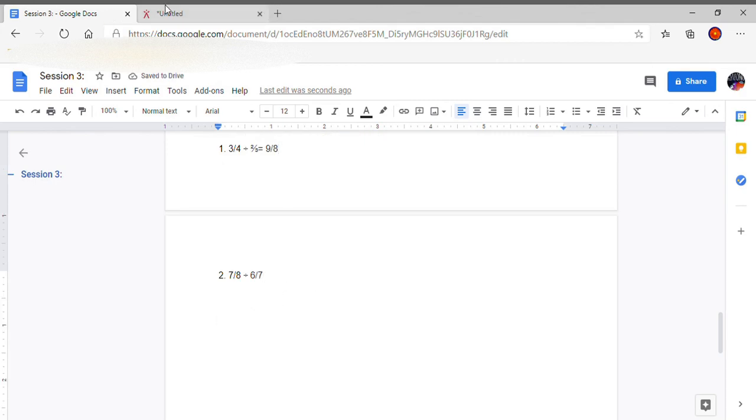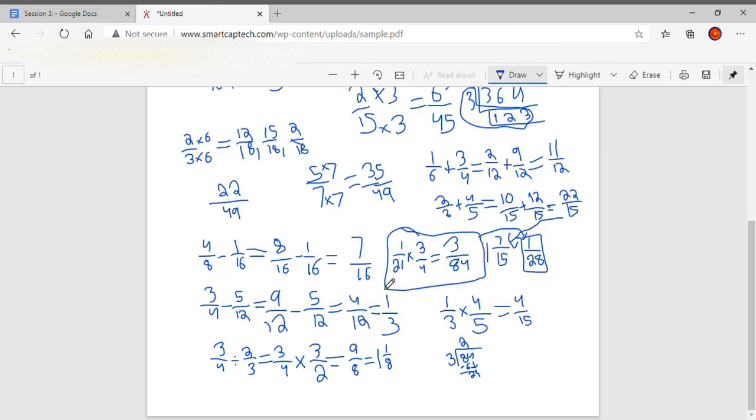So now 7 over 8 divided by 6 over 7. We can follow the same steps. 7 over 8 divided by 6 over 7 equals 7 over 8 times 7 over 6.